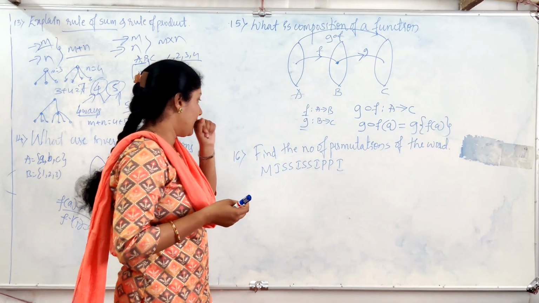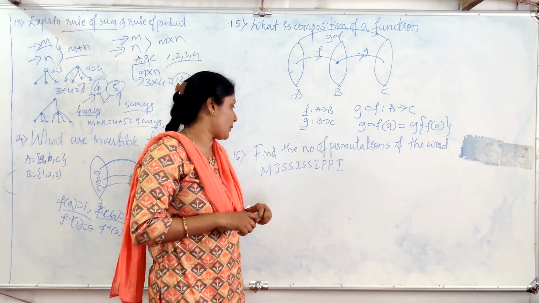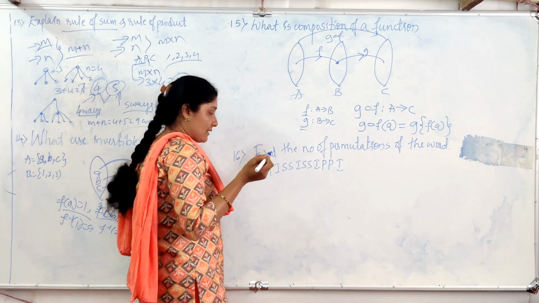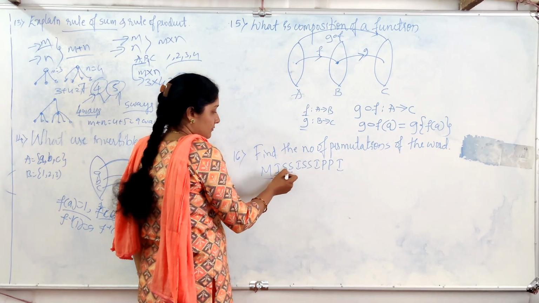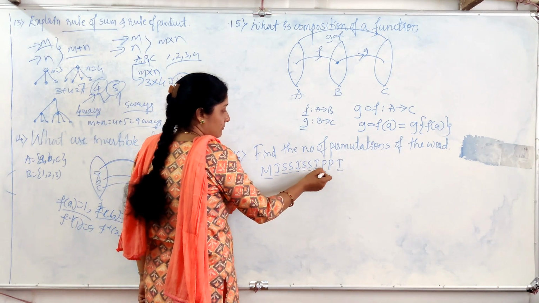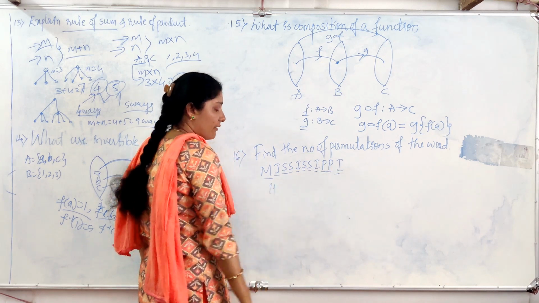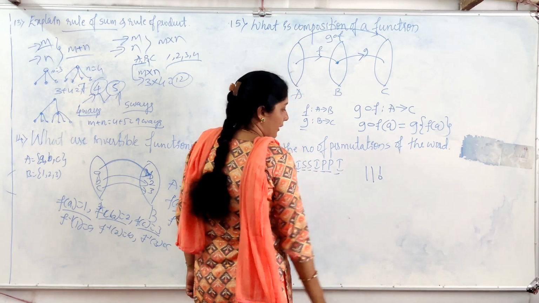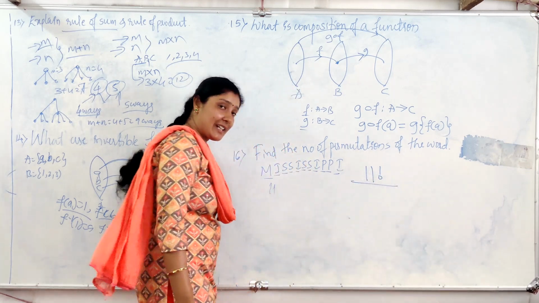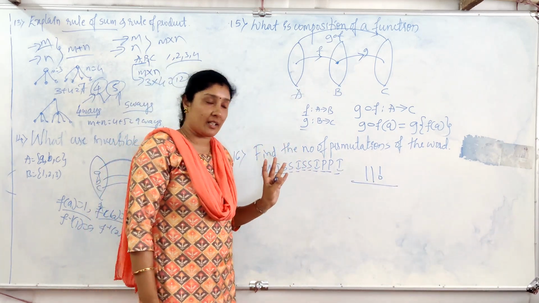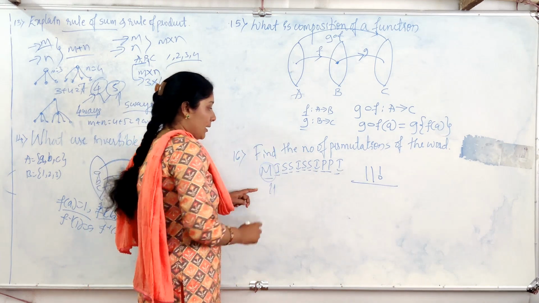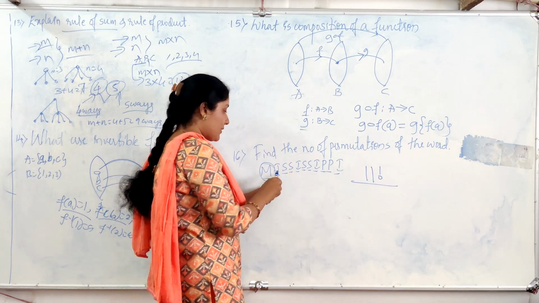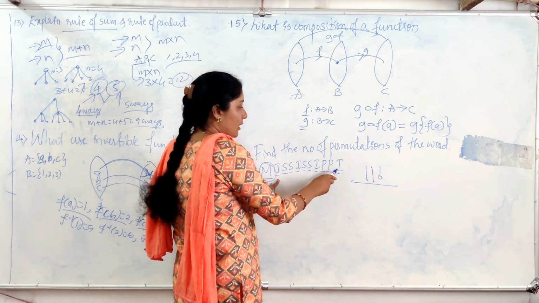Next, find the number of permutations of the word Mississippi. See here, how many letters are there? Totally 11 letters are there. So therefore it will be 11 factorial, but divided by the repeated letters. M is not repeated; I is repeated, how many times? 1, 2, 3, 4.